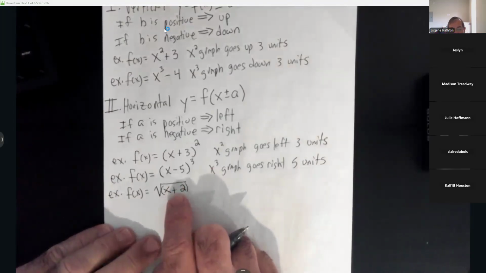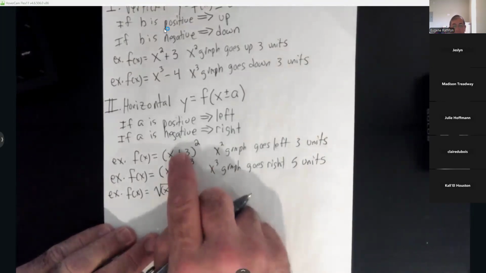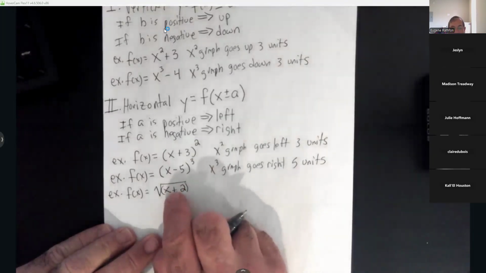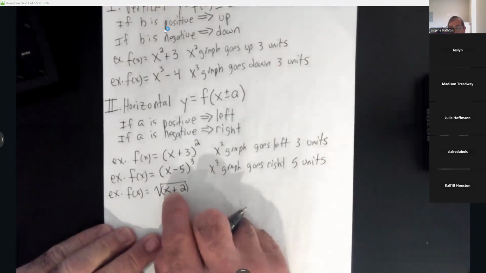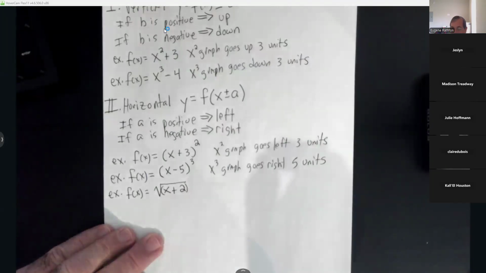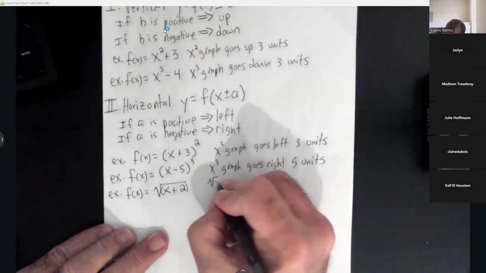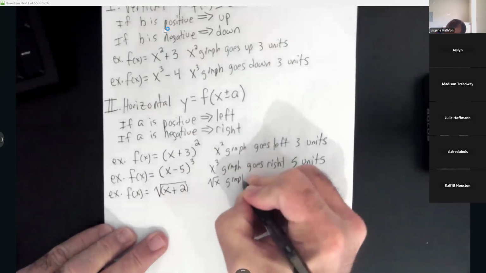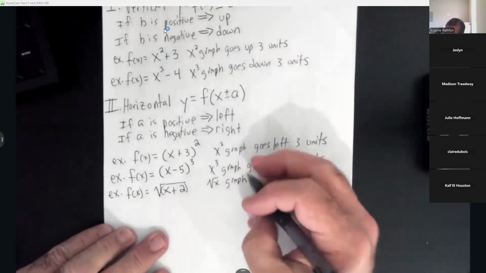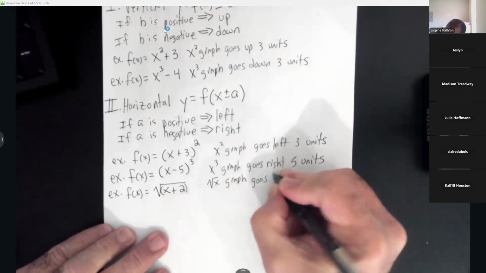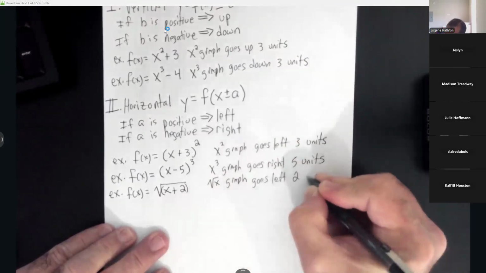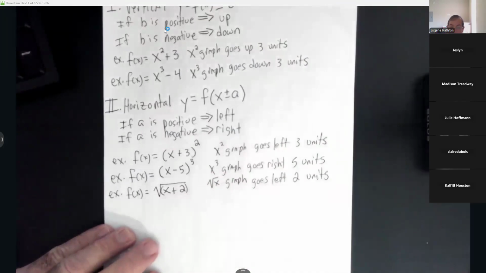If it's under the radical with the variable, it's going to move you left or right, okay? So this one would be what? Square root of x graph. Since it's added, we'll go left 2 units. Okay?